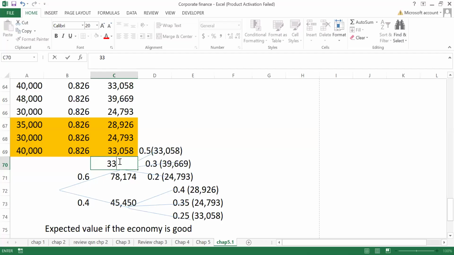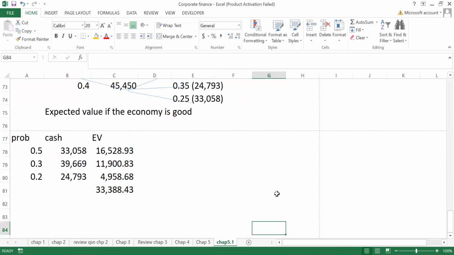You mean the total for bad economy condition? No, good, in the total of the second year. That means the good economic condition and the bad condition? No. I'm still where the economy is good in the second year. That is 50% probability. You see this total?